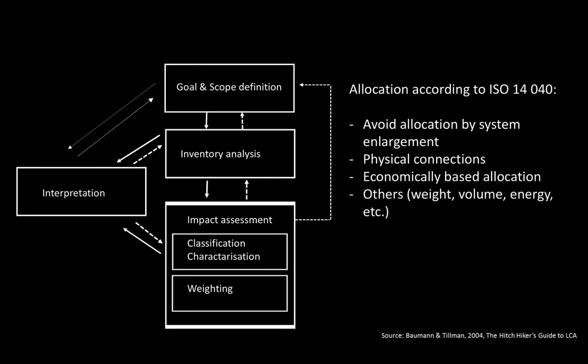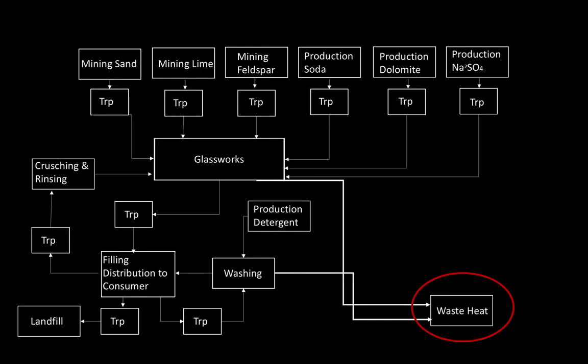Otherwise, you can use some physical connections between the products. You can use economically based allocation, or you can use some other relevant ways to allocate the environmental burden on the different products. And I will go through the different ways to do this here.